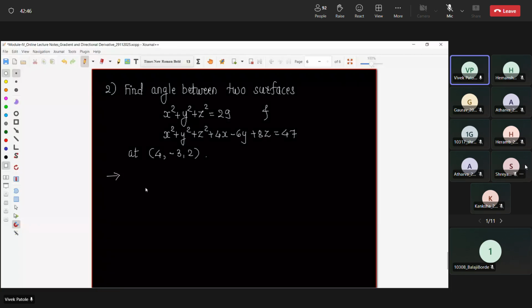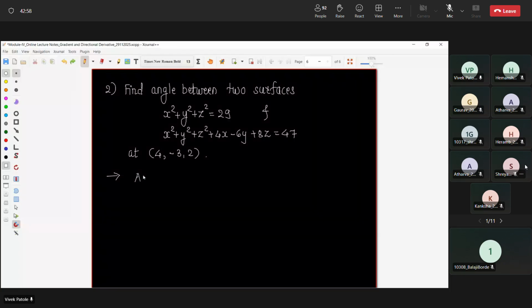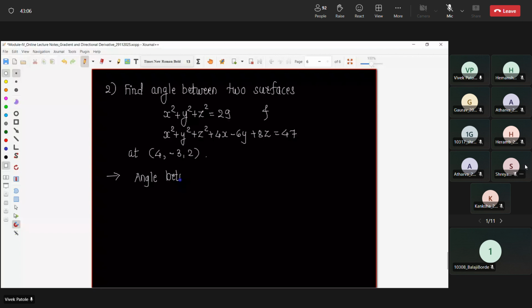Now, what do we know? First of all, the angle between two surfaces is equal to the angle between their normals to the tangent plane.